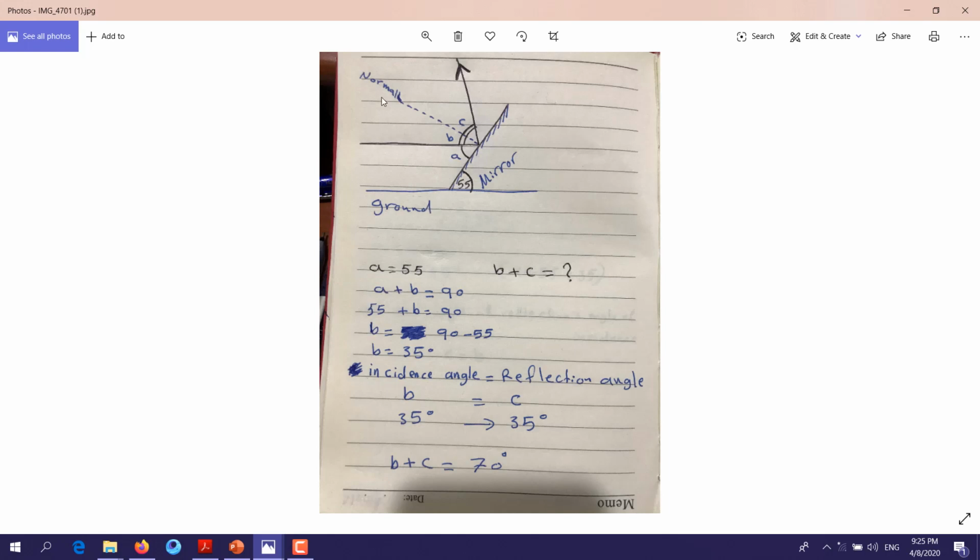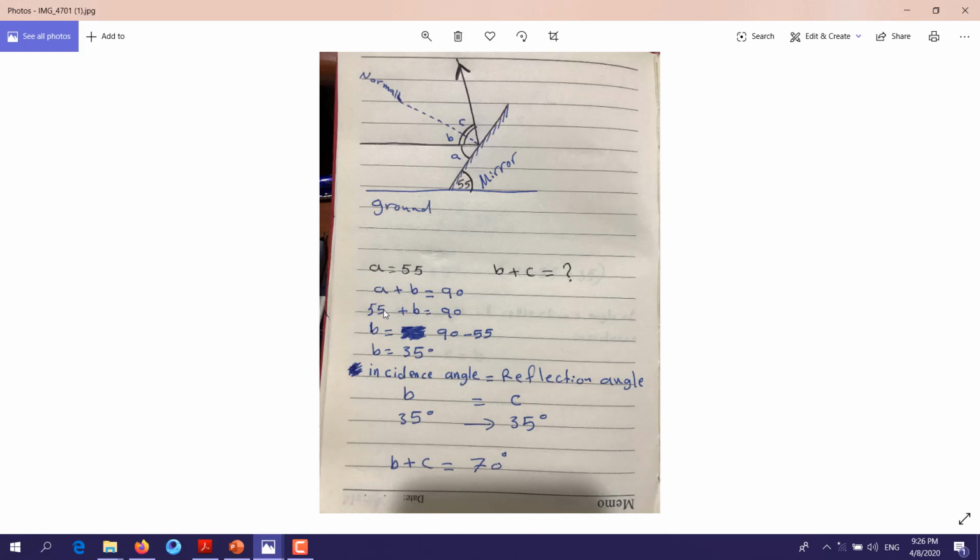Now, look at the normal. If you focus on angles A and B, you will see it is a right angle. So A and B together are equal to 90.